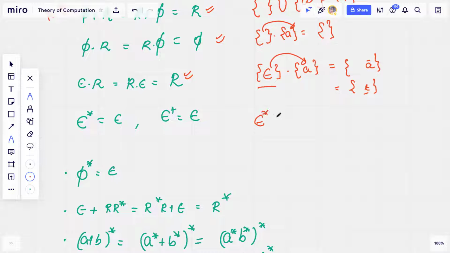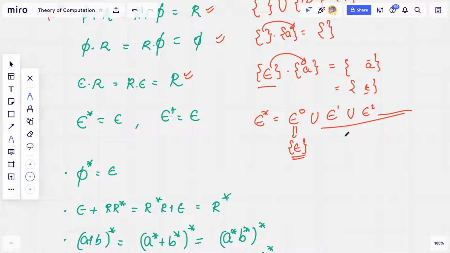It's epsilon star equals to. Okay. What is epsilon star, by the way? What does the star mean? The formal way is the language of epsilon power 0, union the language of epsilon power 1, union the language of epsilon power 2. This is how we represent it formally. What is this epsilon power 0? It represents the language which contains only epsilon.